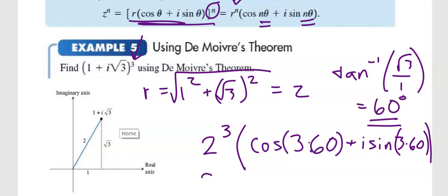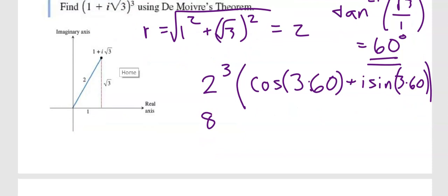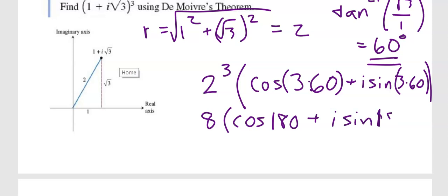As you can tell, 2 to the third is 8. Cosine of 180 plus i sine 180. Well, those are nice numbers.